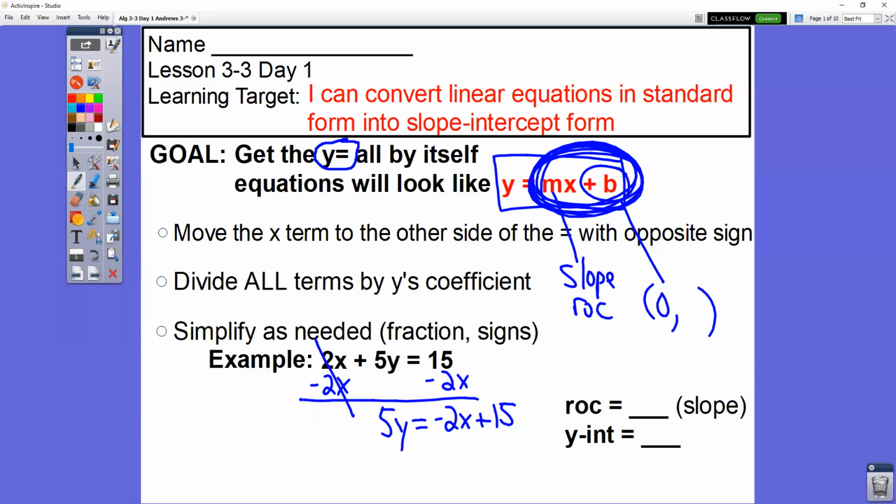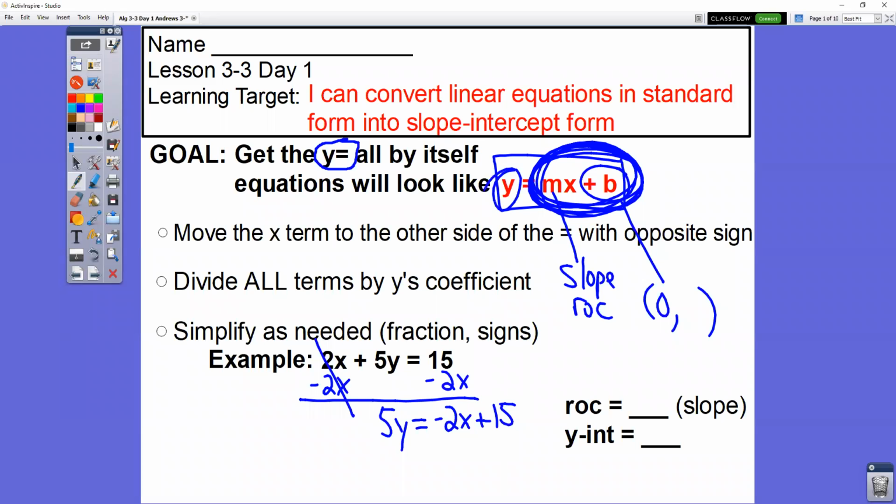When you switch around the order, you have to move the sign that's in front of the number with it. This was a positive 15, that's why it says plus 15. This was a minus 2x, that's why it became a negative 2x. Now, this is not in the correct form yet.